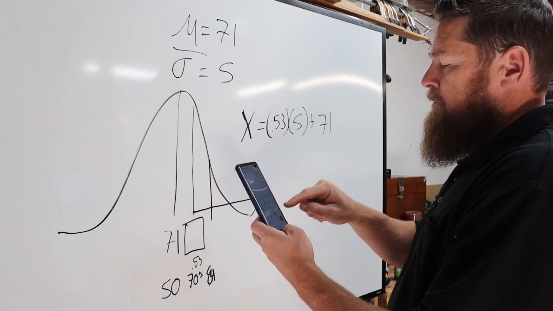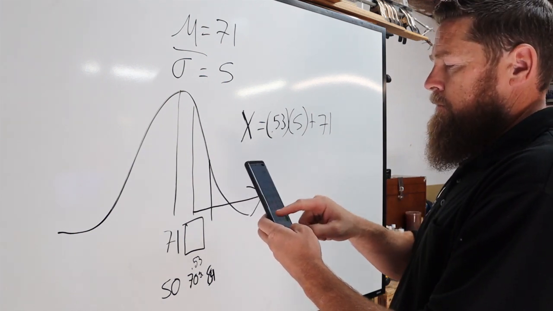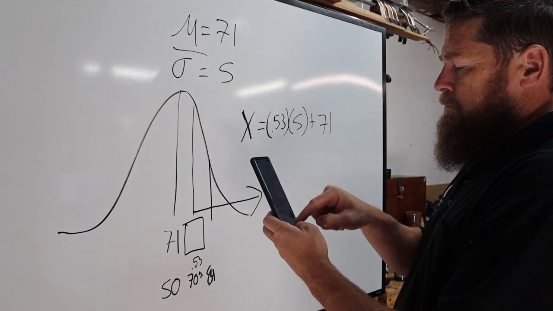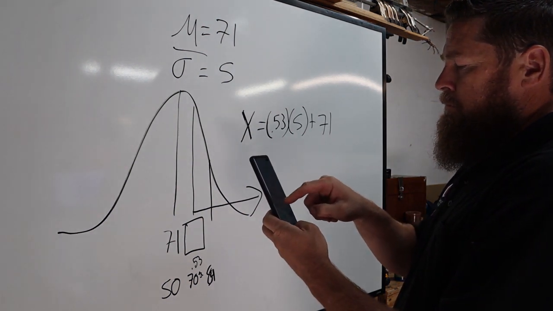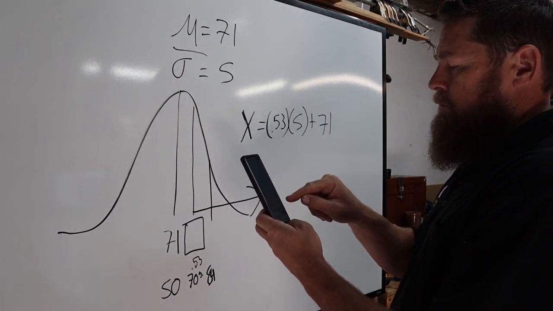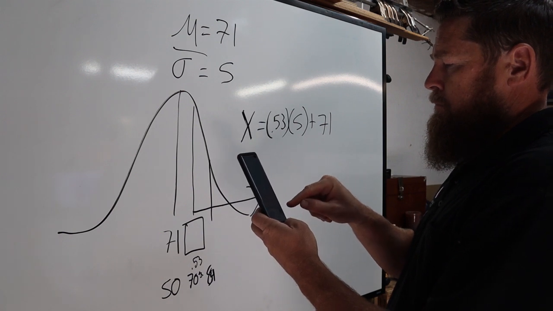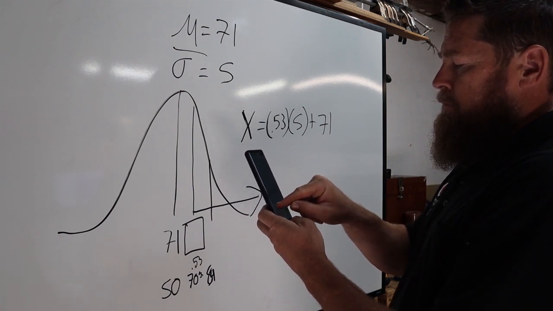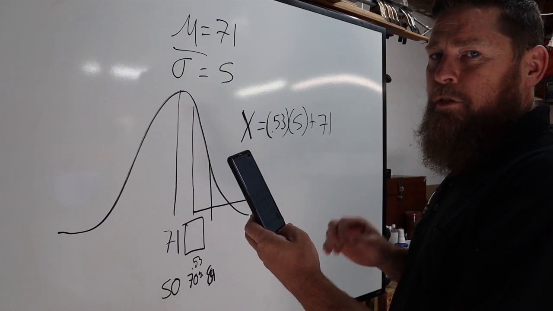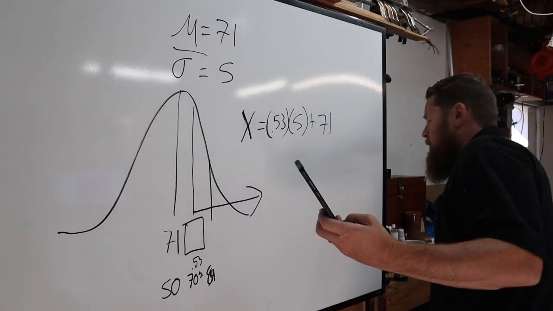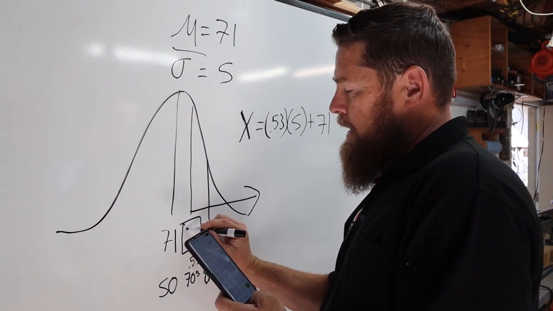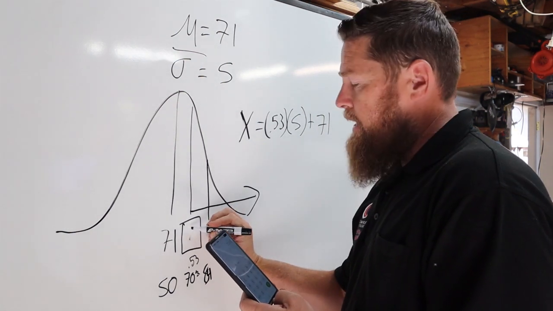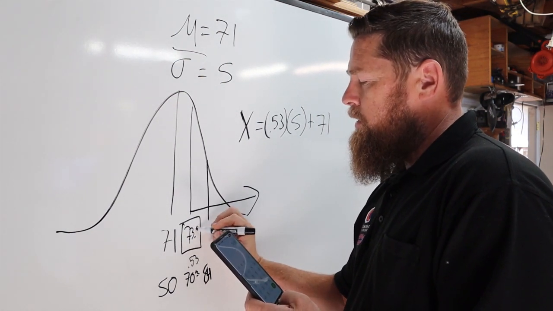That's 2.65 plus 71. 73.65. So the number I need to get on this exam is a 73.65.